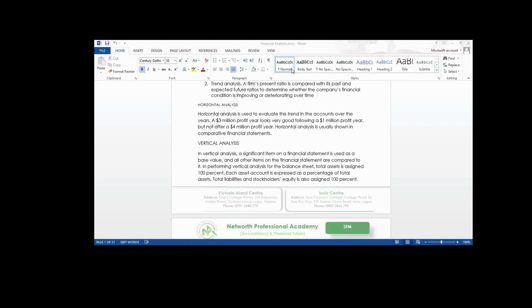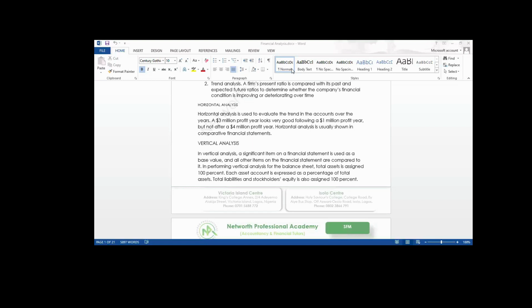You have your revenue, your cost of sales, you have your gross profit less operating expenses, you have your profit before interest and tax, then you deduct your interest to get profit before tax, then you compute your tax and deduct it.